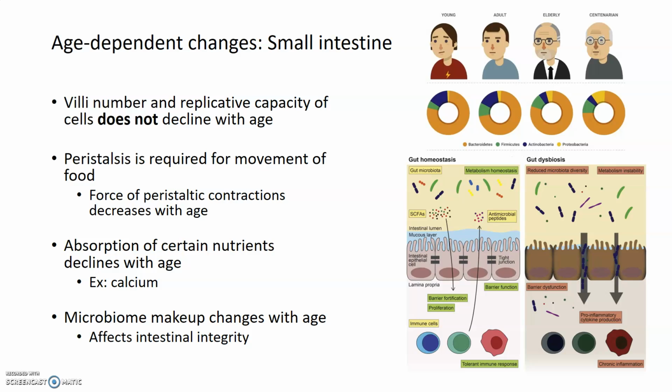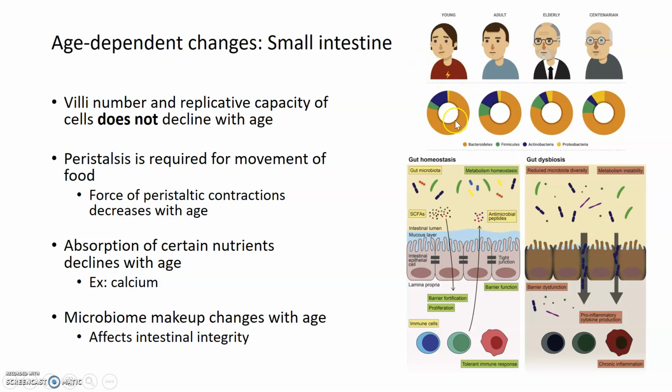But one thing that also does change with age is the makeup of the microbiome within the small intestine or the gut. And you can see here that between young and elderly individuals, there's a different makeup of the microbiome, these different phyla here. Right.